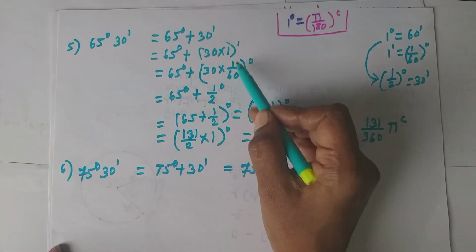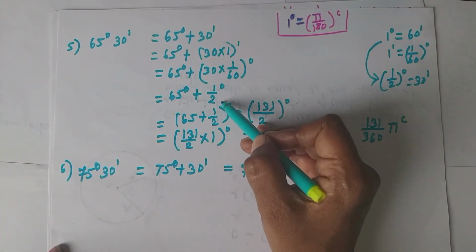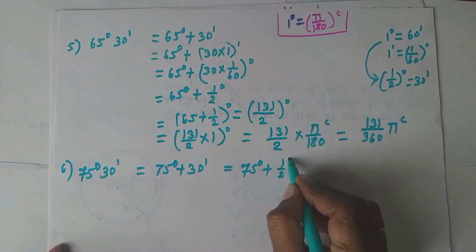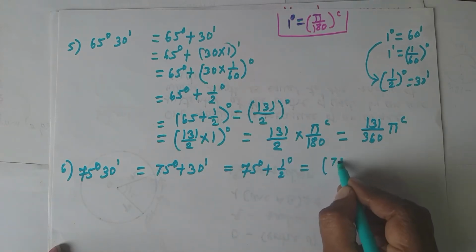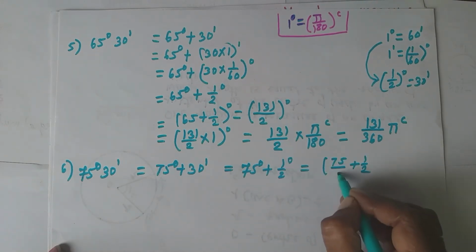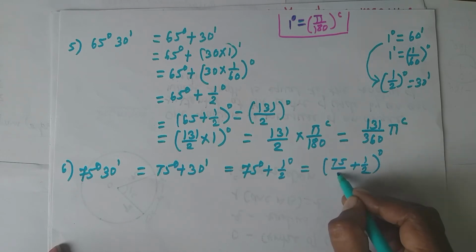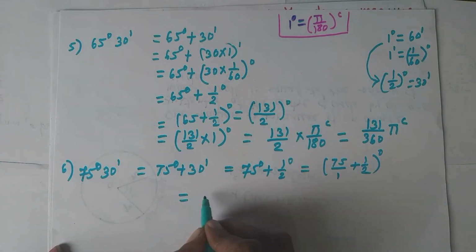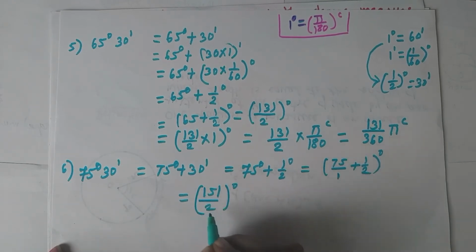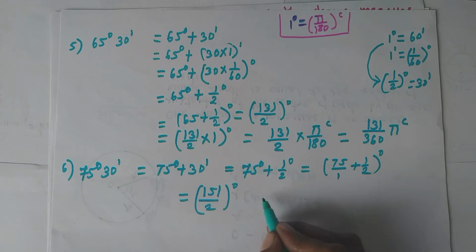Here we have done the calculation. You write down half. Then you combine this in the bracket, then take the LCM. This is 151 divided by 2 degree.